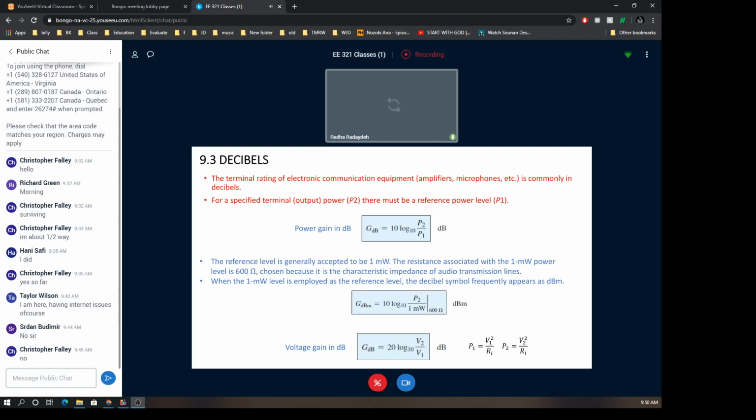Now let's define the voltage gain calculations. The gain expressed in dB for the voltage will be 20, not 10, times log base 10 of the output voltage, for example, divided by the input voltage.